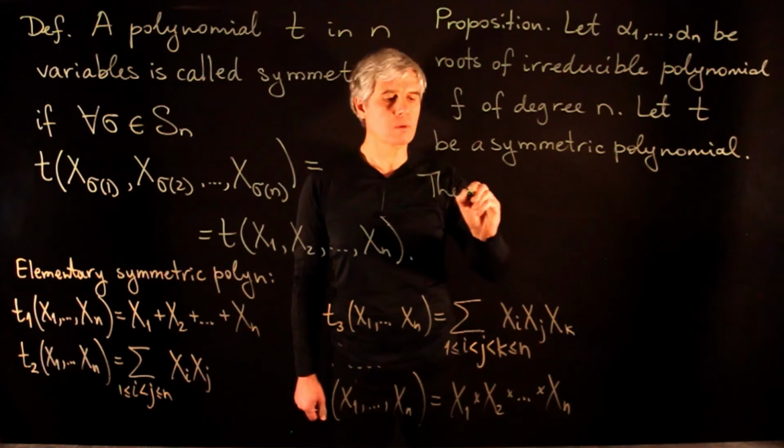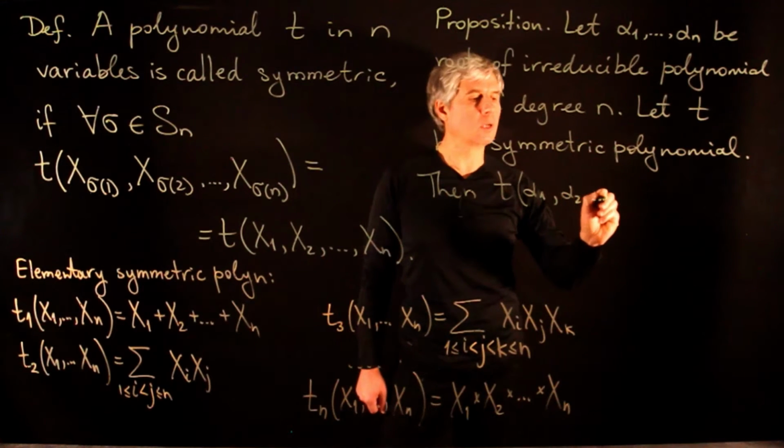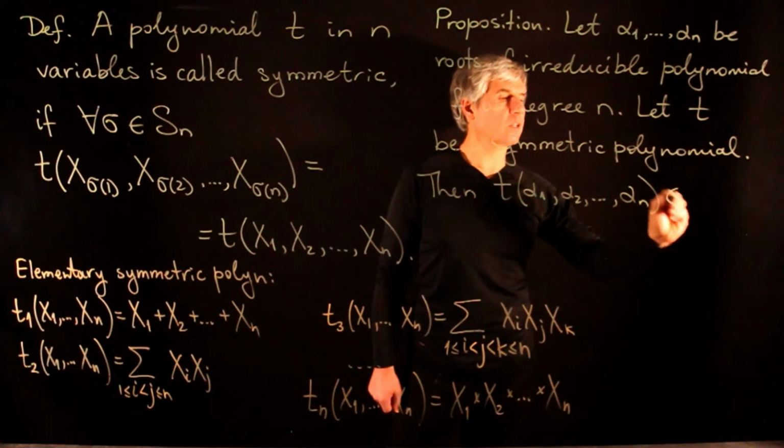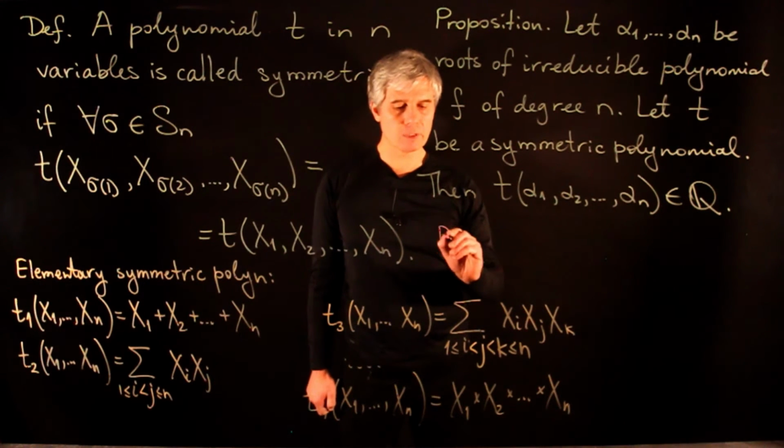Then T evaluated on alpha 1, alpha 2, ..., alpha n has value in the rational numbers. Let's give a proof of this fact.